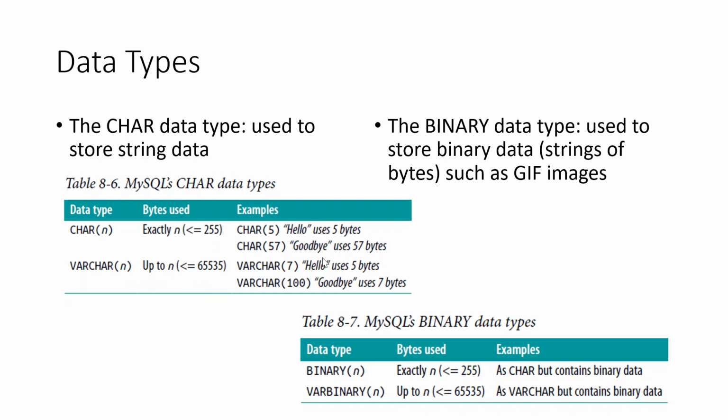But if you say varchar 100, even for goodbye, it uses 7 bytes. But if you say char, it will use the exact number of bytes. So that's the difference. If you want to save space, especially when you don't know exactly the size of the string you are going to store, then you should use varchar. Whereas if it is fixed, better to go for char, right?